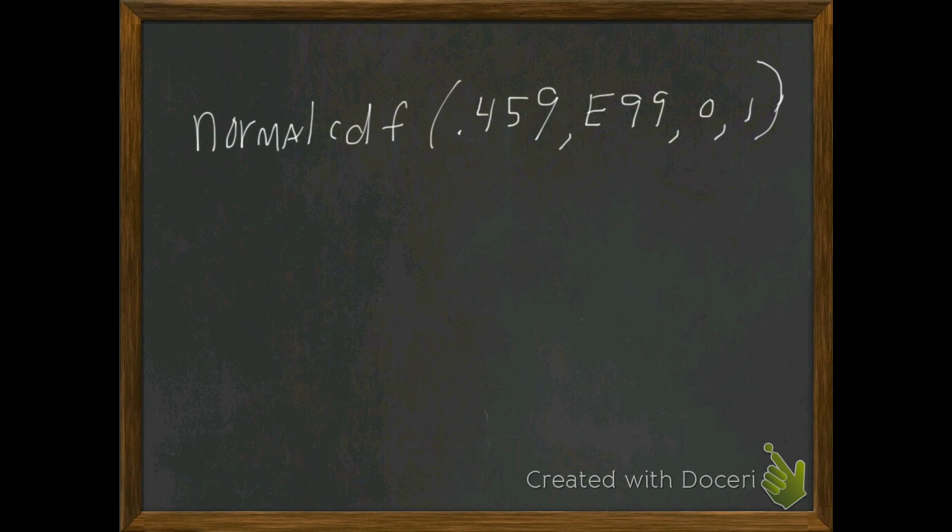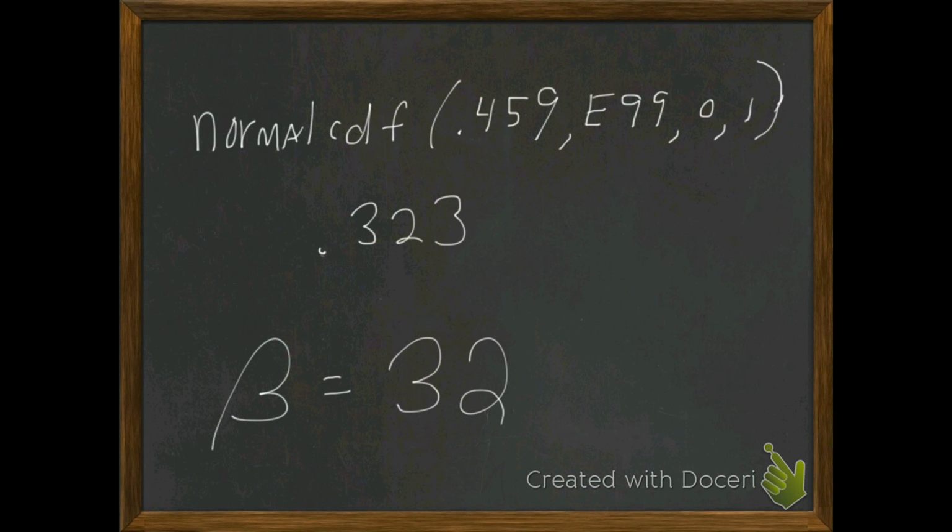Alright, so the answer up to E99, comma 0, comma 1, and we get a beta of 32.3%. So the probability of us failing to reject a false null is 32.3%.